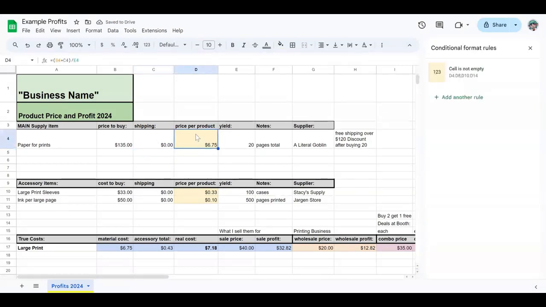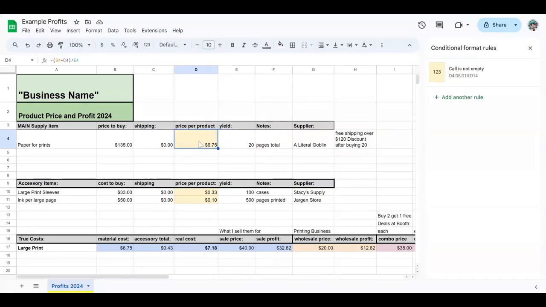So to get the price per individual product, so this is if you buy it at $135, there's no shipping, and then it gives you 20 pages in that pack, which is a horrible deal.